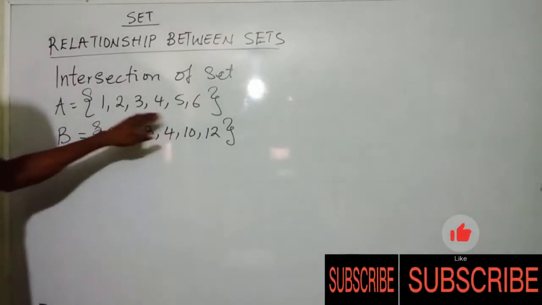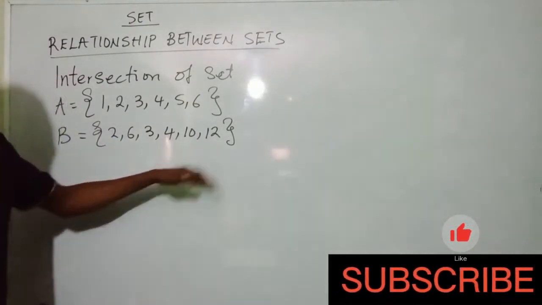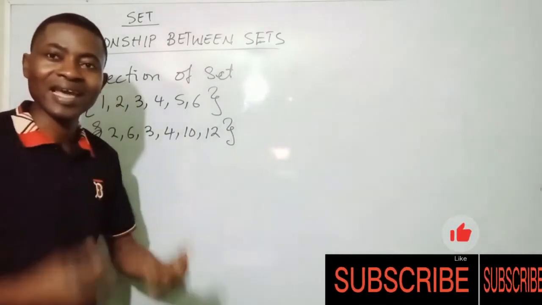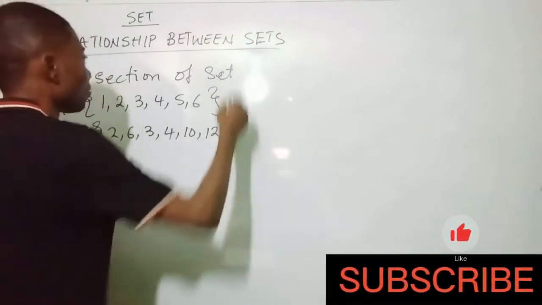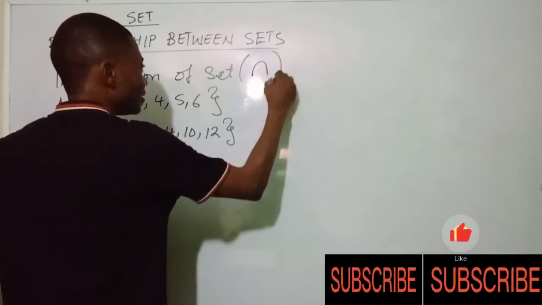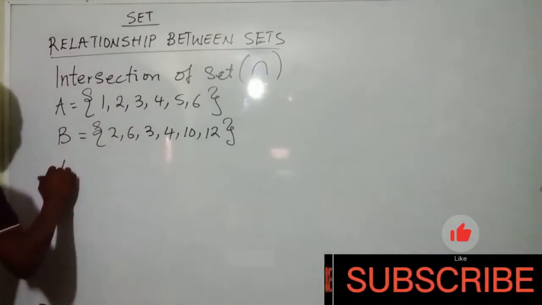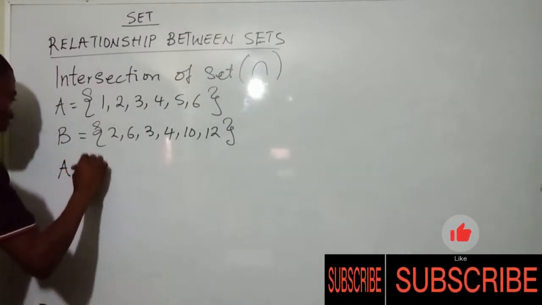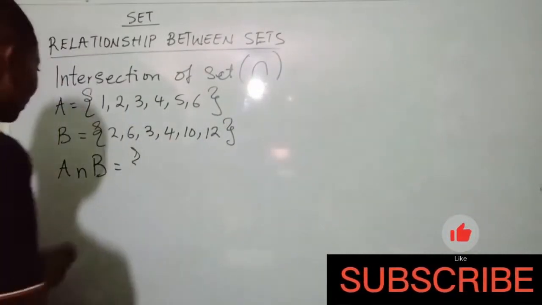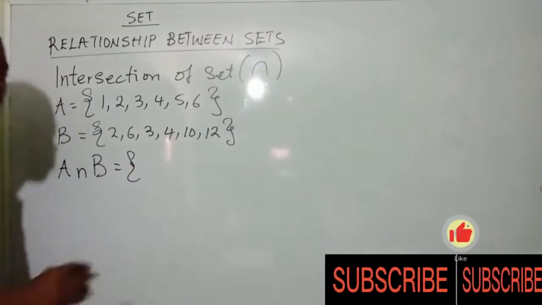Look at the elements, or members, of set A and look at the elements of set B. Now we'll say A intersection B. How do we write that? A intersection B. This is the sign for intersection. So if you want to find A intersection B, what does that mean?